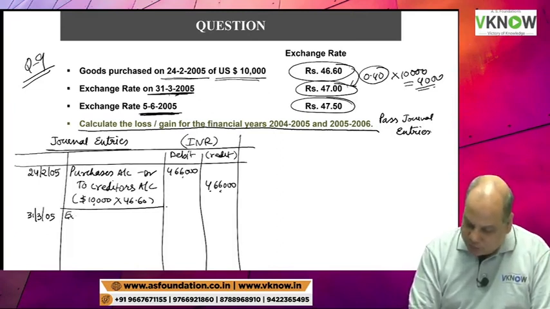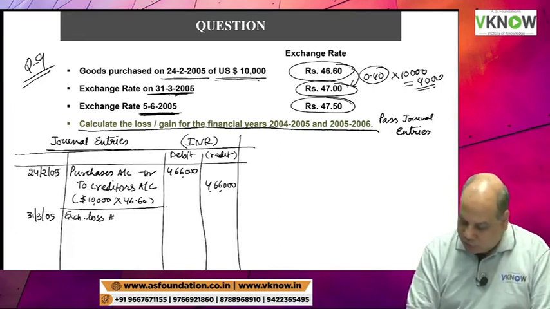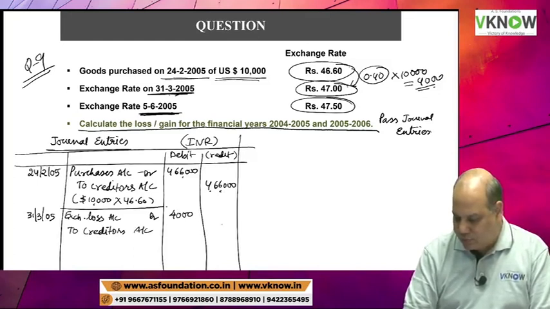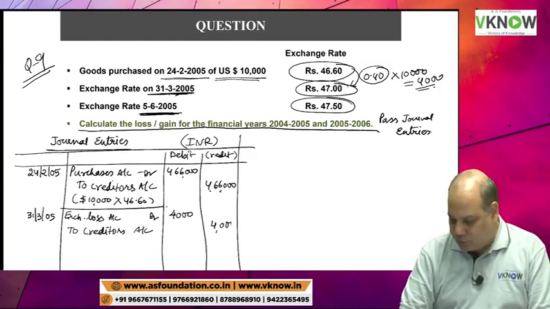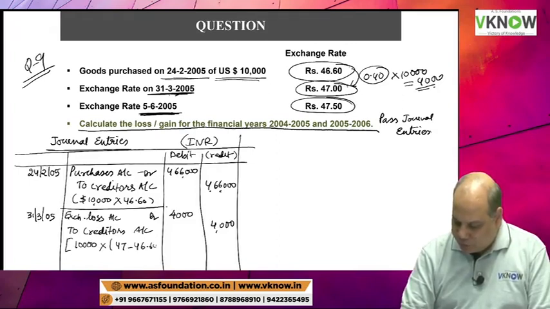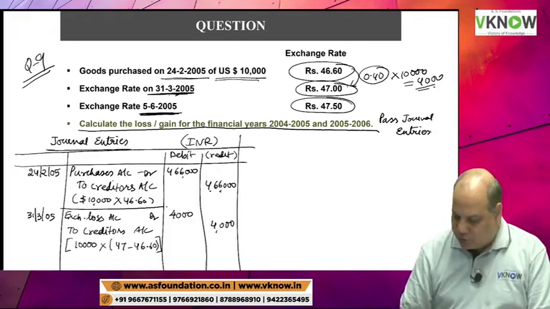So I will pass an entry: exchange loss account debit 4,000 to creditors account 4,000, and the calculation will be 10,000 into 47 minus 46.60.